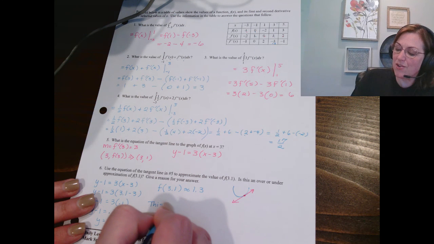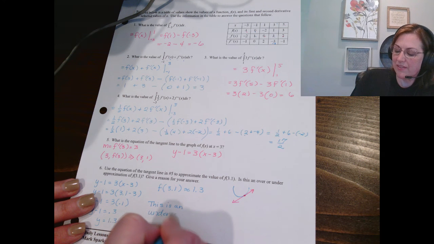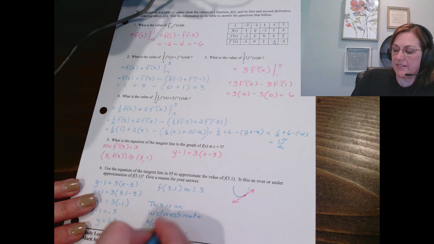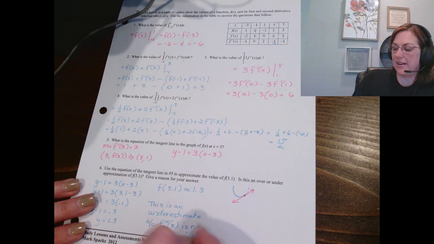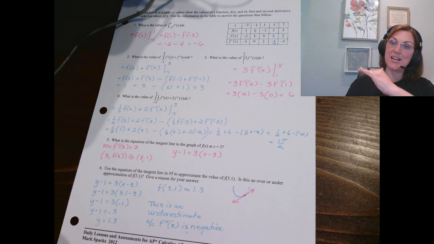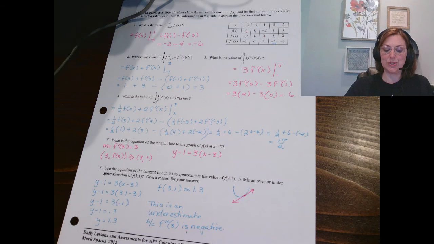I'm sorry, this is an underestimate, forgive me. And it's because f double prime at 3 is negative, which makes the curve concave up, which means my tangent line is below the curve, which means that my tangent line is too low. The estimate I get from my tangent line is too low.